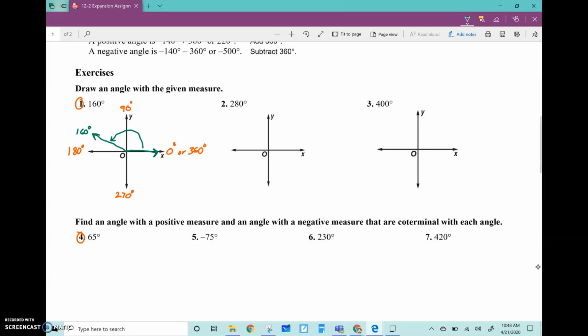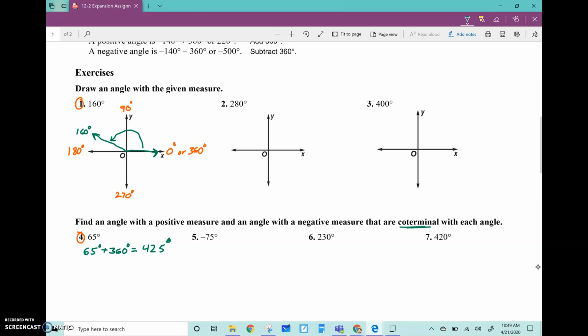Going to number 4, find an angle with a positive measure and an angle with a negative measure that are coterminal. Remember we were talking about brothers and sisters or twins, so we have to find their twin. So 65's twin is found by either adding 360, and that gives me 425 degrees.